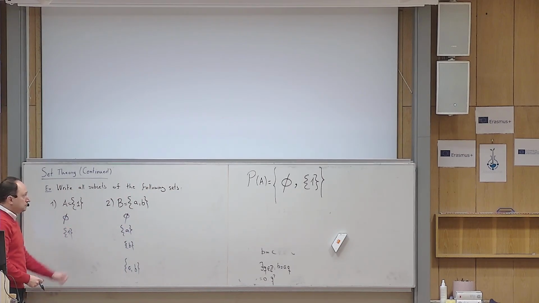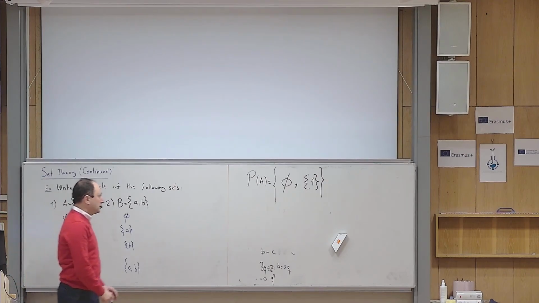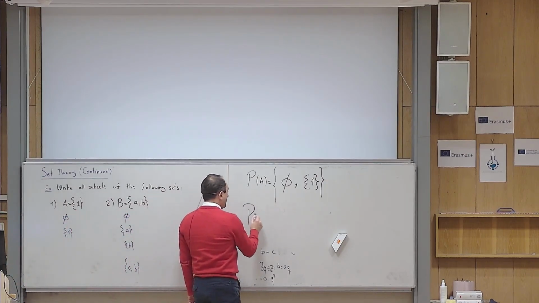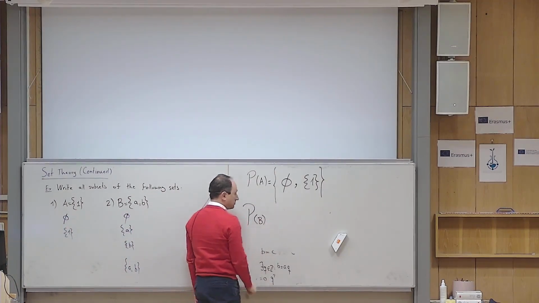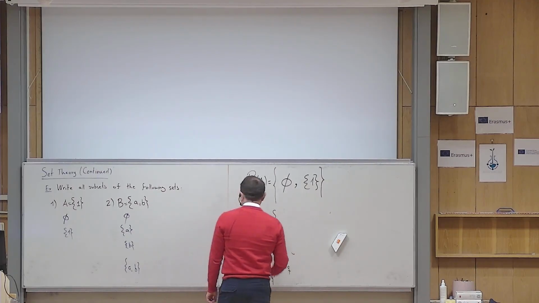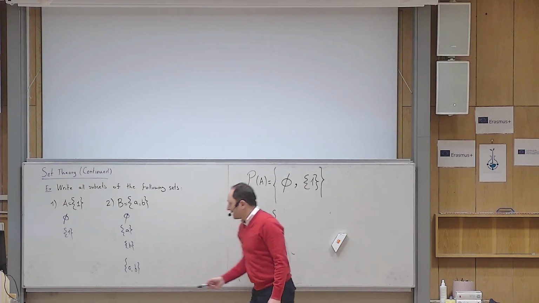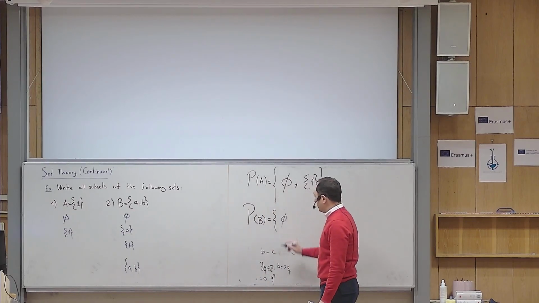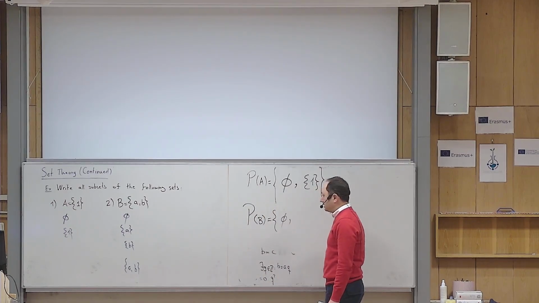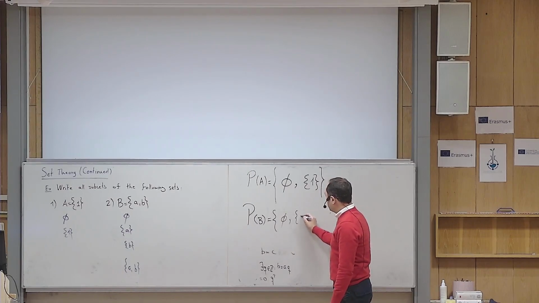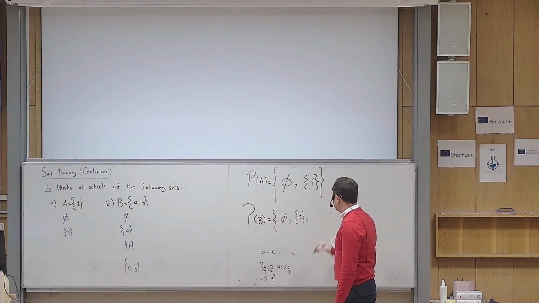Okay? But power set, as I told you, is not in the book. But for example, if I say, what is the power set of B? So I open a curly bracket. I put this list as elements now. The first element is empty. I have to separate it with a comma. The second element is A. I have to separate it with a comma.